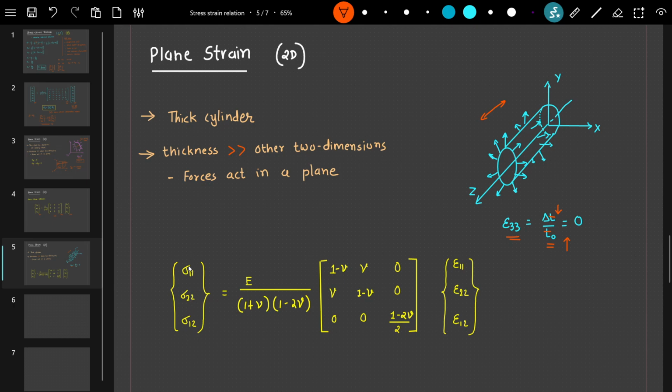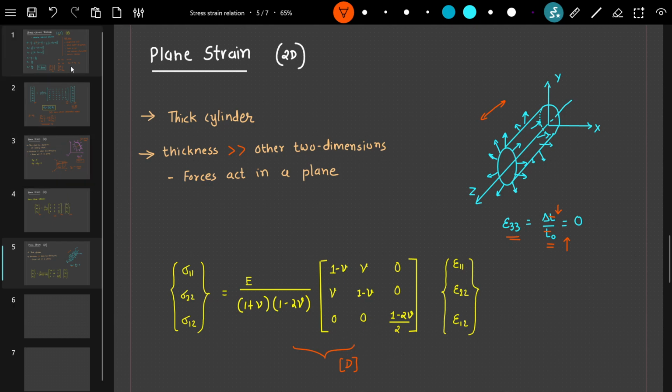These are all in 1-2 plane stress components, two normal stress components and one shear stress component, which is related to two normal strains and one shear strain. So this is our D matrix for plane strain.